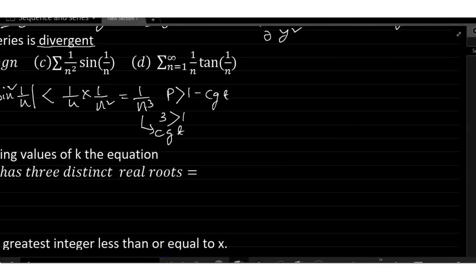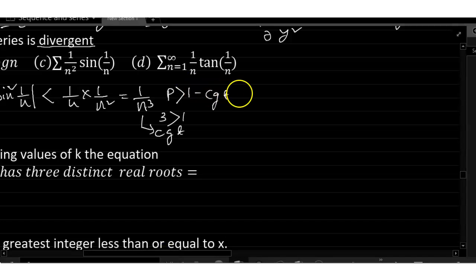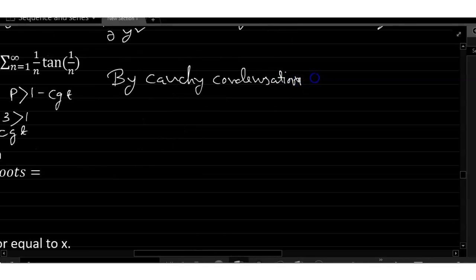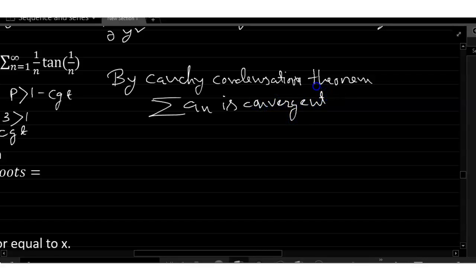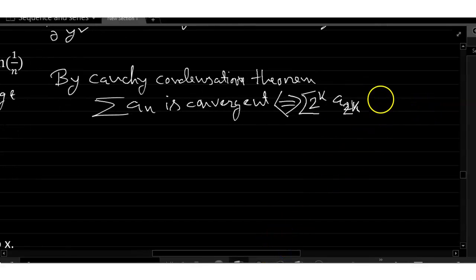The next series is obviously divergent by Cauchy condensation theorem. By Cauchy condensation theorem, summation a n is convergent implies summation 2 to the power k into a of 2 to the power k is convergent.